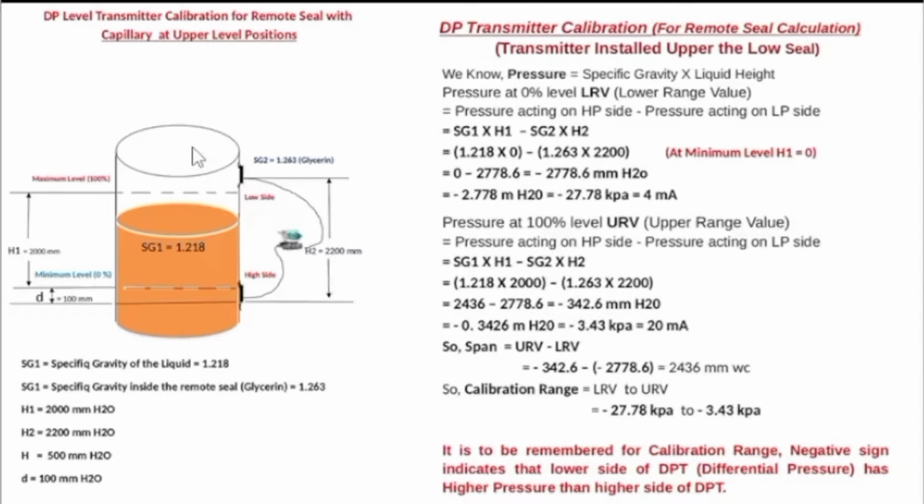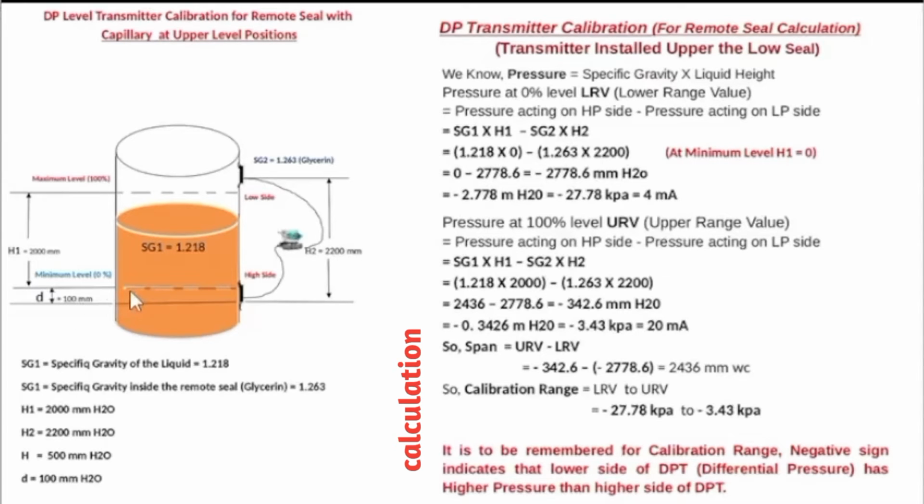Here is the DP level transmitter calibration for remote seal. Here is the remote seal, and inside the vessel the liquid specific gravity Hg1 is equal to 1.218, and this height is C, the level minimum and maximum. Total height is equal to 2000 millimeter, and here is also some distance of 100 millimeter.